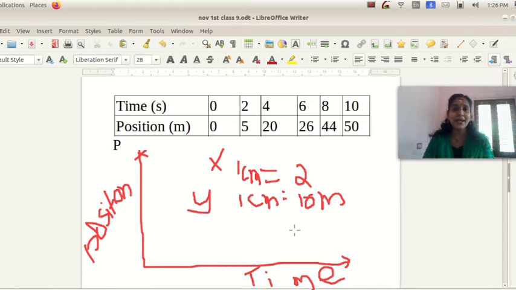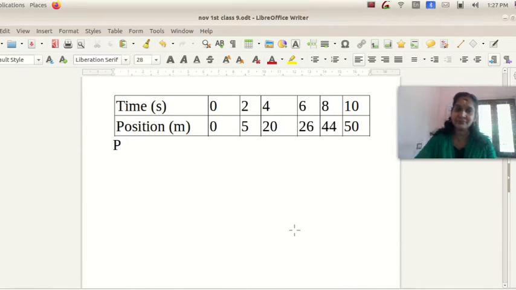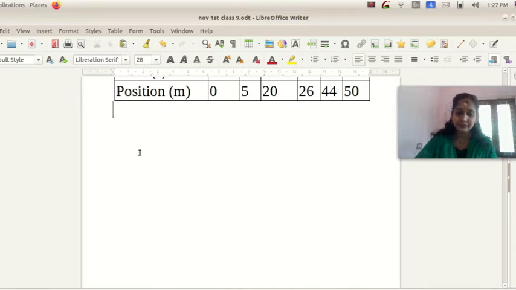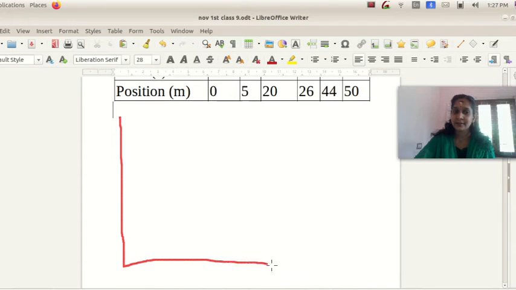By using these values, we are going to redraw the graph because this graph is not beautiful. Please adjust with it. So we are going to draw the graph. Not exactly a straight line.